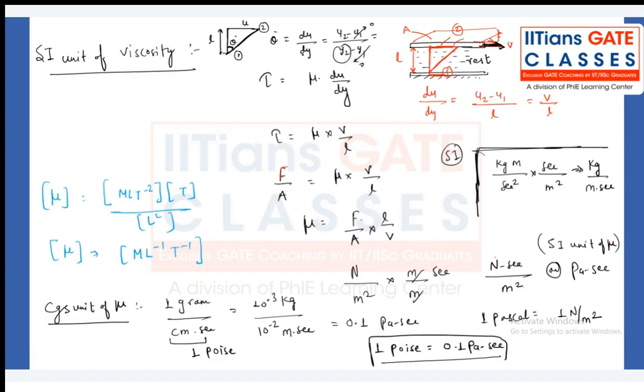So that will become what? u1 is 0, y1 is 0, y2 is L, where y is the distance from the fixed wall. So you will be getting U by L. The same thing I have written, my mistake. Actually, it is V by L because the plate certainly has some velocity. This velocity is capital V. So please note down.